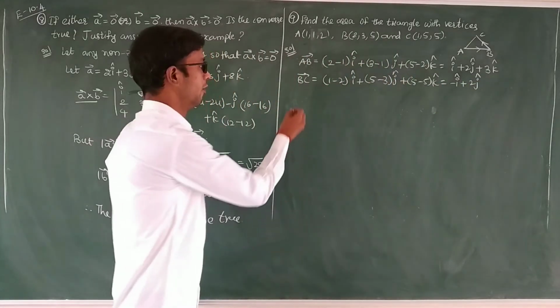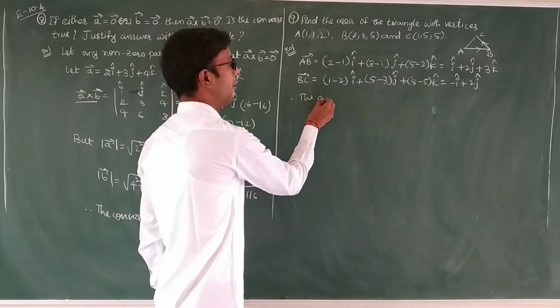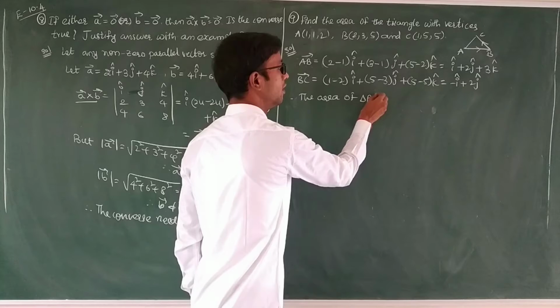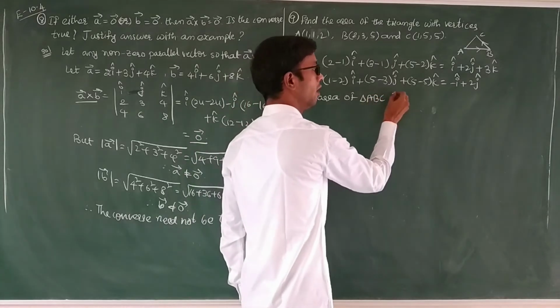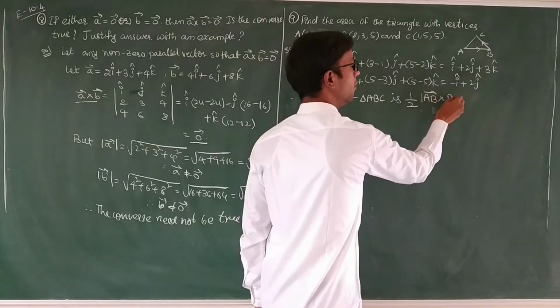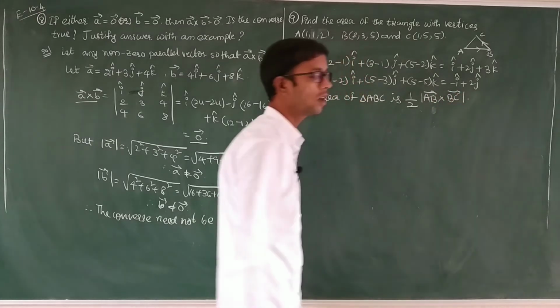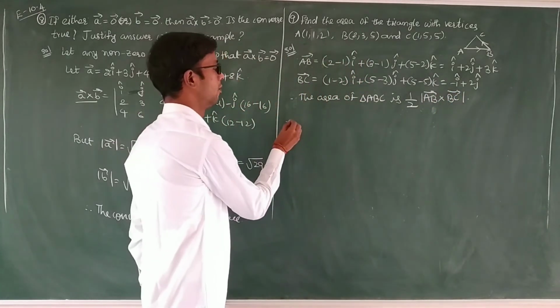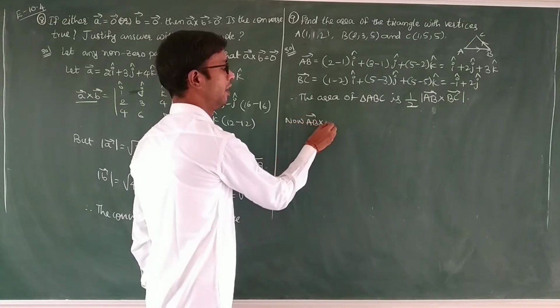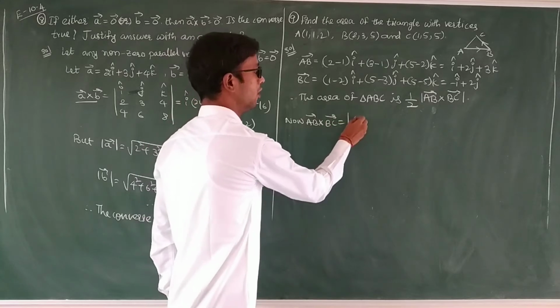We know that the area of triangle ABC is 1 by 2 times the magnitude of AB bar cross BC bar. For that purpose, I now find AB bar cross BC bar. So how much do you get?